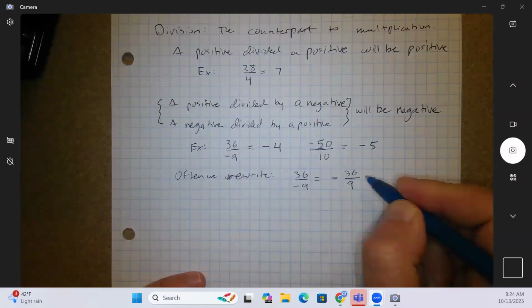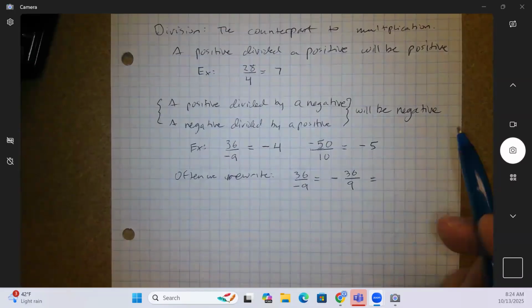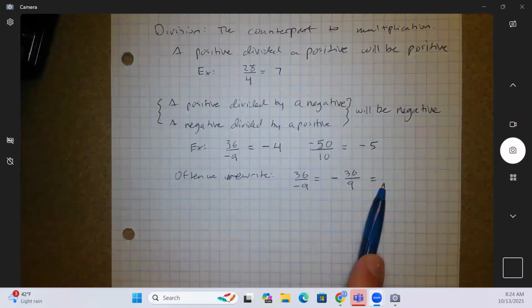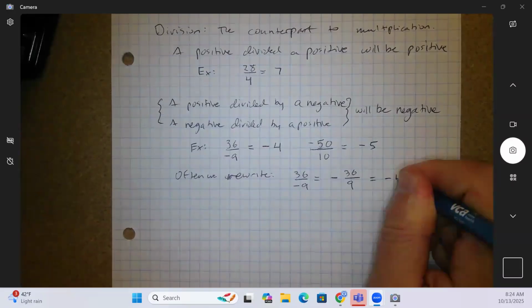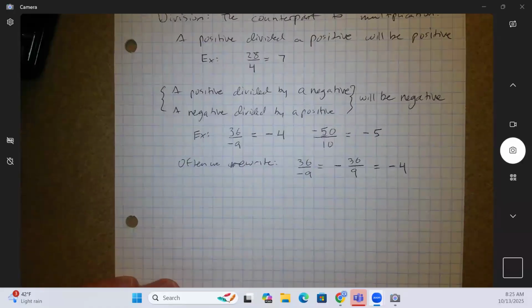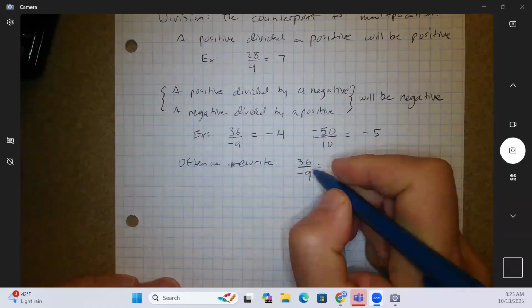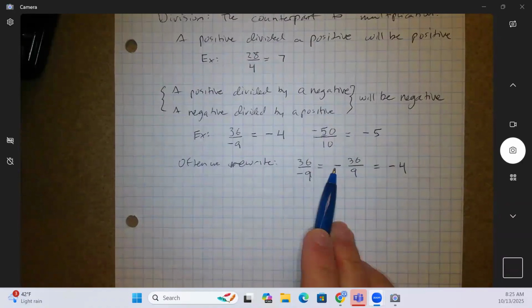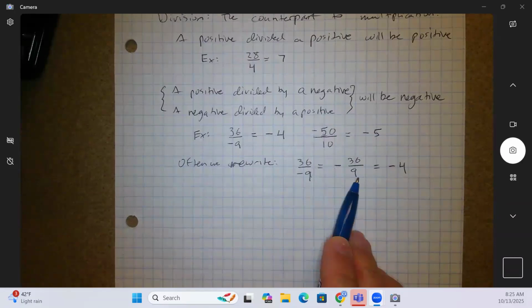Because negative 36 over 9 is like taking 36 divided by 9 and then making it negative, which is -4. So frequently when our denominator is negative, we just make the fraction itself a negative. That's okay, right? We'll pull that negative out in front of everything.